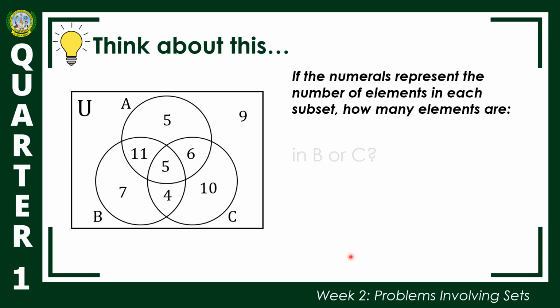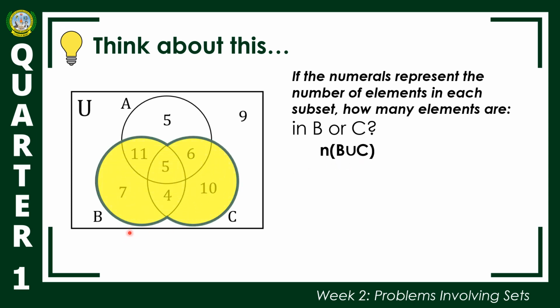Next naman is, how many elements are in B or C? So, ang keyword natin dito ay or. So, nangangahulugan po ito na ang hinahanap ay ang cardinality of B union C. Kapag sinabing union, ito po ang pinagsamang elements ni B at ni C. So, sa atin pong Venn diagram, makikita po natin na merong 6 na subsets na bumubuo sa B union C. So, i-add natin ulit ang mga elements na ito.